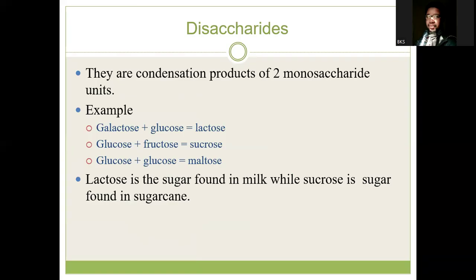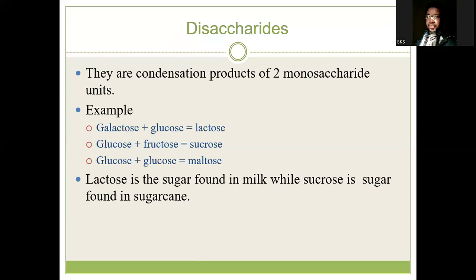So in the case of disaccharide, is when you have 2 sugar molecules, a condensation product of 2 sugar molecules, where 2 sugar molecules come together through what we call a glycosidic bond to form a disaccharide, meaning 2 sugar molecules linked together.